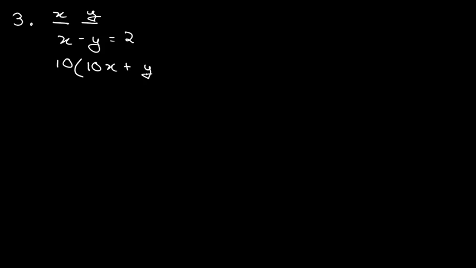And 10 times the number exceeds 5 times the sum of the number found by reversing the digits, so we can write it like this. So let the new number be 10y plus x. Okay, this is a new number.